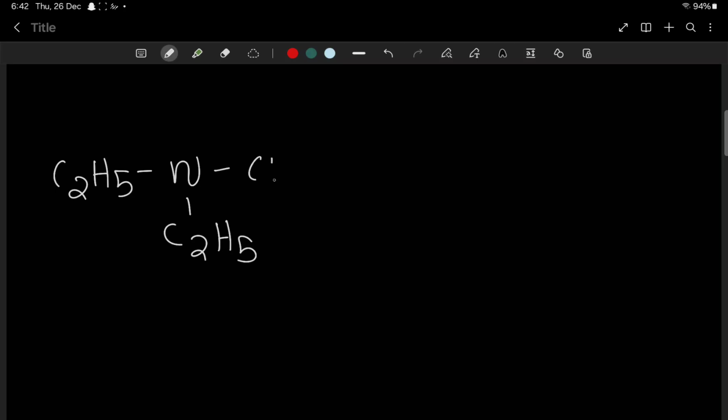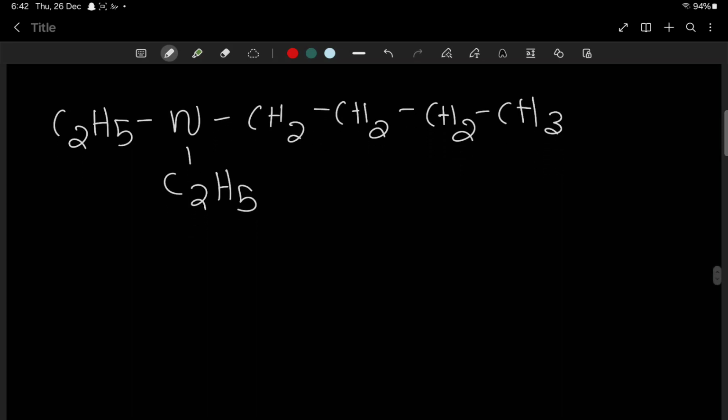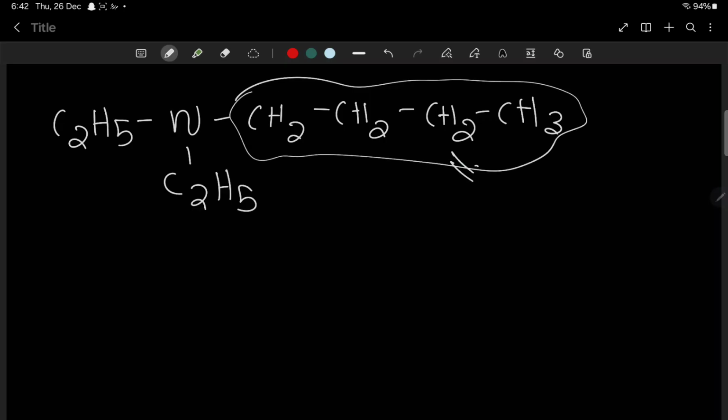Now you can name more compounds like this. Example, C2H5, N, C2H5, CH2, CH3. How will we name it? Look, consider the longest carbon chain as the parent. So this is the longest carbon chain, and this will be the parent chain.